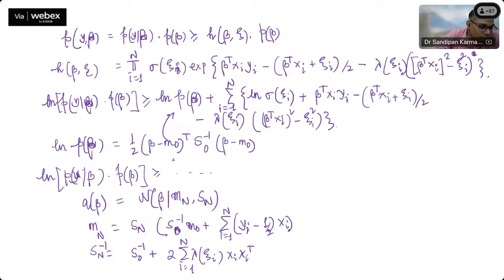So with this free parameter, we have to identify what is the best value of it. How to identify it? We have to go for the marginal evidence or marginal likelihood. So ln of p y equals, as we have already seen, the integral of p y given beta multiplied by p of beta, d beta.